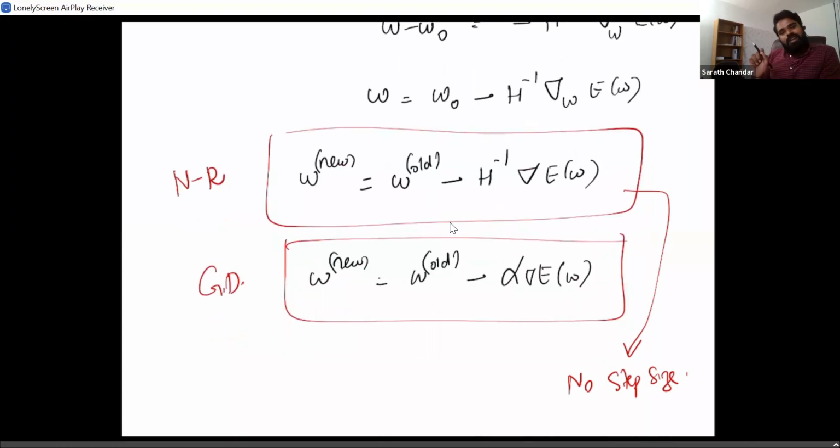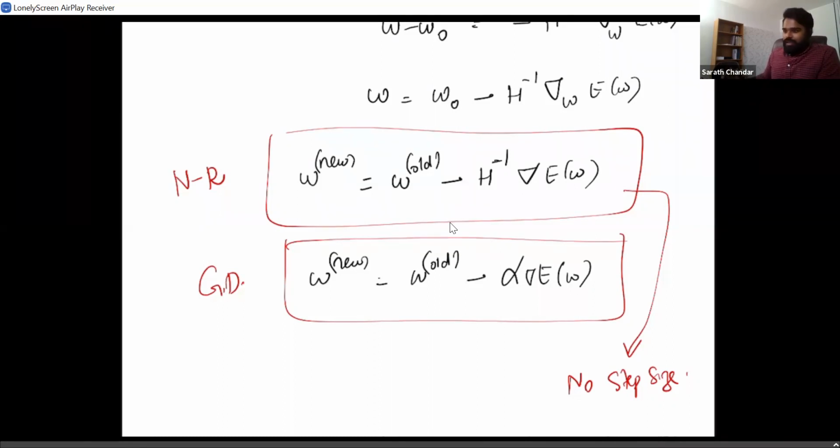If you have too small an alpha, you're going too slow. If you have too big an alpha, then you're diverging and so on. You don't have that issue in Newton-Raphson. On the other hand, Newton-Raphson expects you to compute the inverse of the Hessian. The Hessian is a huge matrix because if you have n parameters, it's an n cross n matrix, and you have to invert it, which might be a computationally intensive operation.